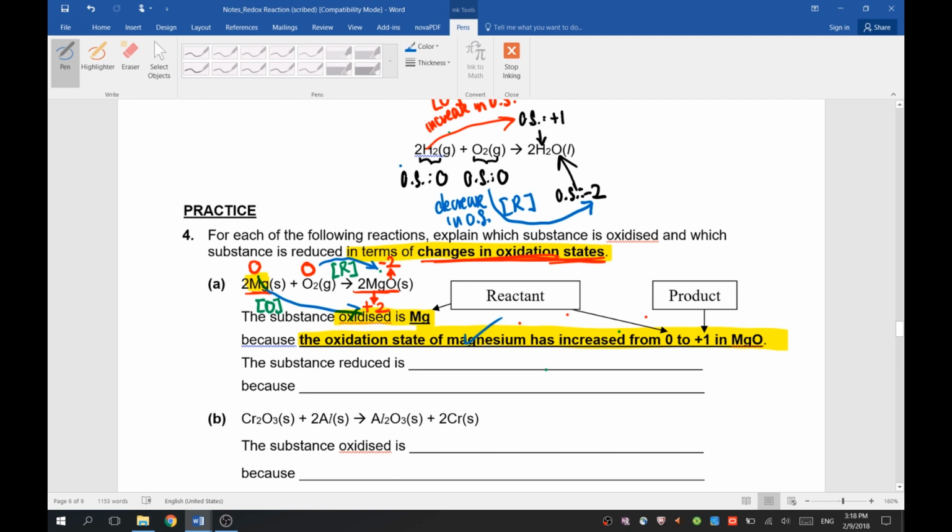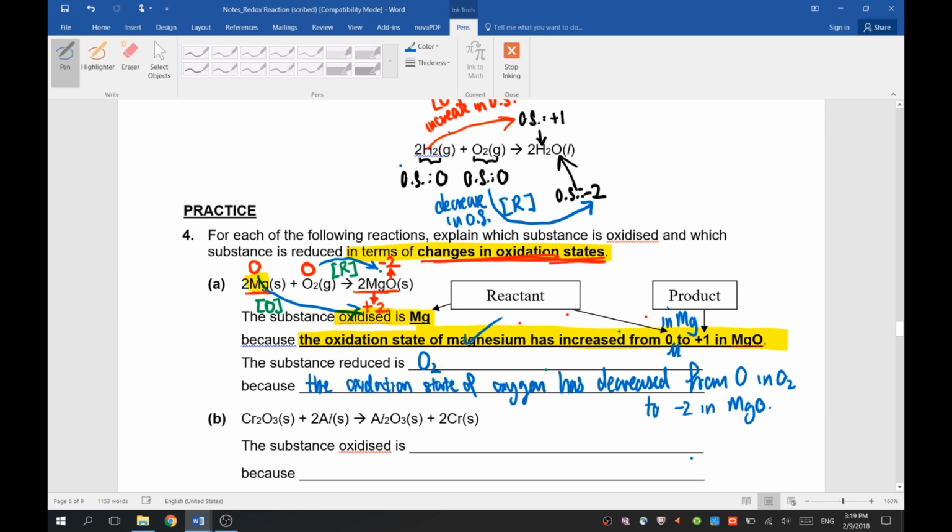But remember, we must mention that this 0 was when it was in just Mg. So the oxidation state of magnesium has increased from 0 in Mg to +2 in MgO, for instance. And the substance that's being reduced in this case is O2, because, same thing, the oxidation state of oxygen has decreased from 0 in O2 to -2 in MgO.